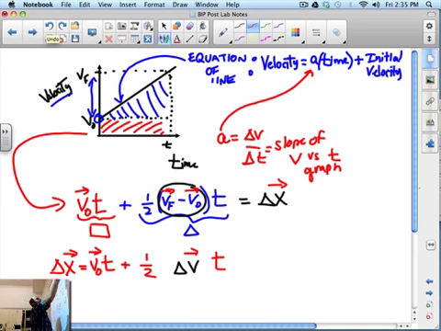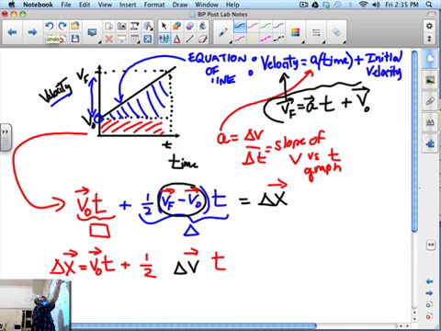In symbol form, I like to write this as final velocity equals a, a good symbol for time is just t, plus velocity at 0 seconds. So this is a very useful equation that we use when we have constant velocity motion.